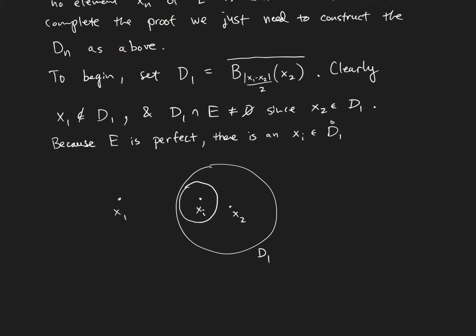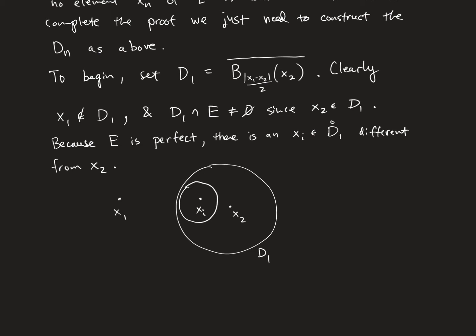So there is an xi in the interior of D1, which is not x2. So an xi in there different from x2. Of course x2 is in here, but that's not what we're talking about. And then all we want to do is say that we can put a closed ball around this, which avoids x2 and stays in the ball D1.